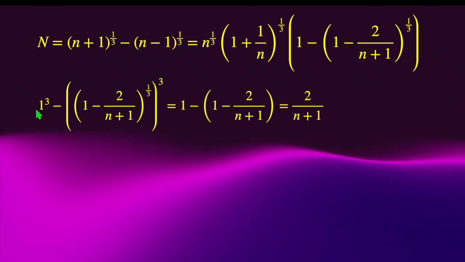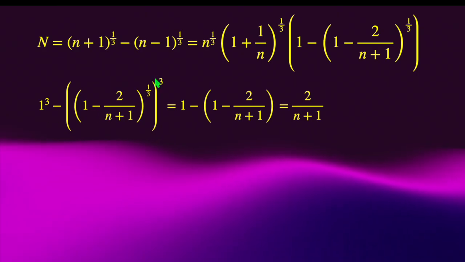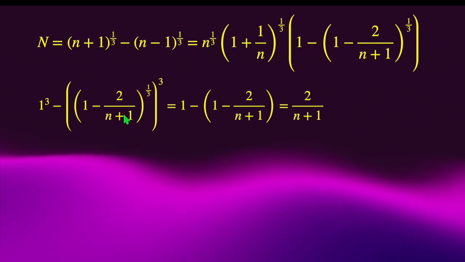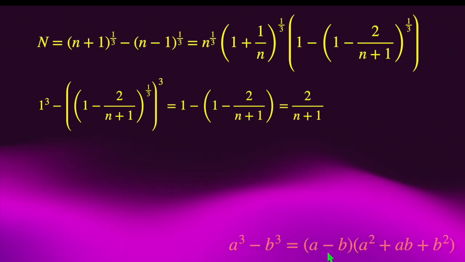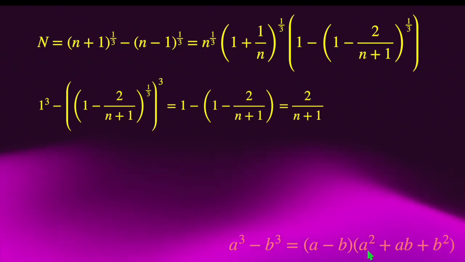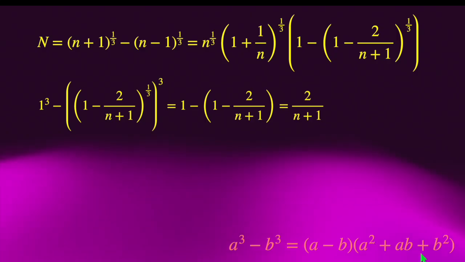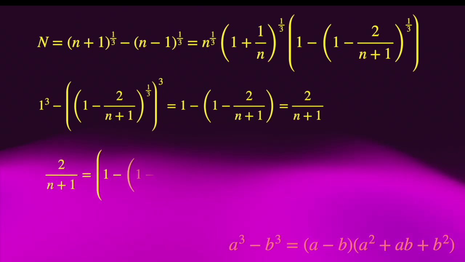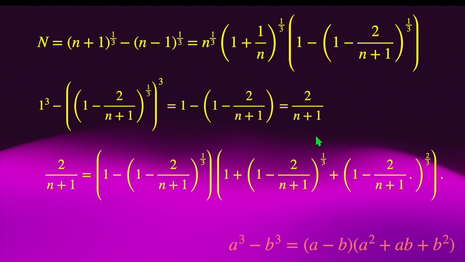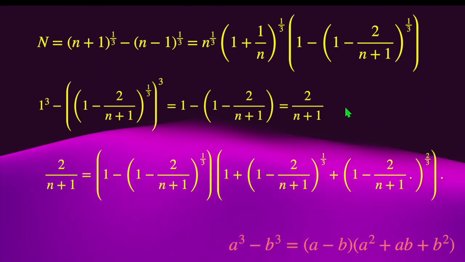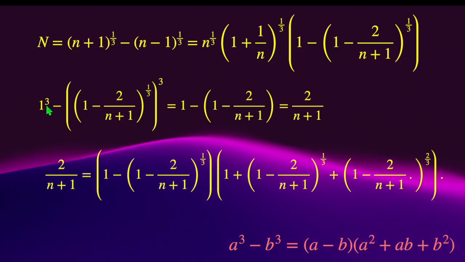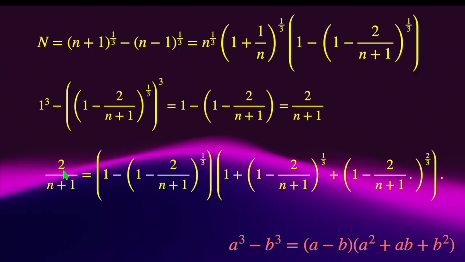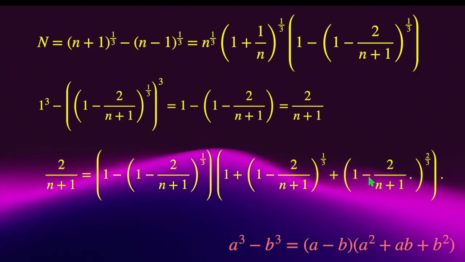Now we have here a^3 minus b^3, and we will use our algebraic identity: a^3 minus b^3 is equal to (a minus b)(a^2 plus ab plus b^2).